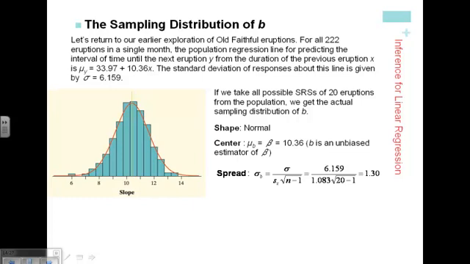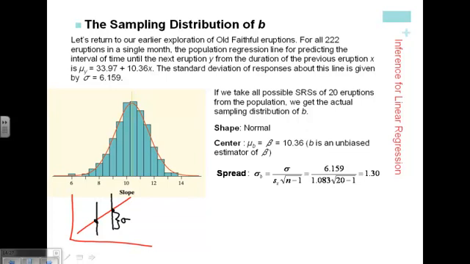Now, here's where it's going to get a little bit more confusing. We already talked about a spread that goes out from any particular y-hat. And this spread we called sigma. But this is another spread.